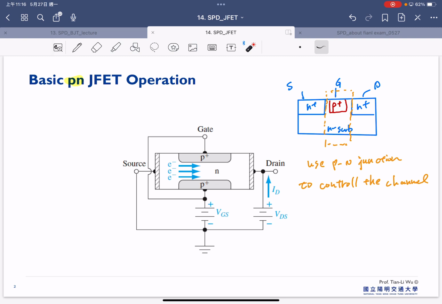So this is another schematic for the JFET, PN junction JFET. So as I mentioned, we mainly use this PN junction. So we try to give the forward or reverse bias to increase or decrease our depletion region, in the end to control the electron flow in the channel.